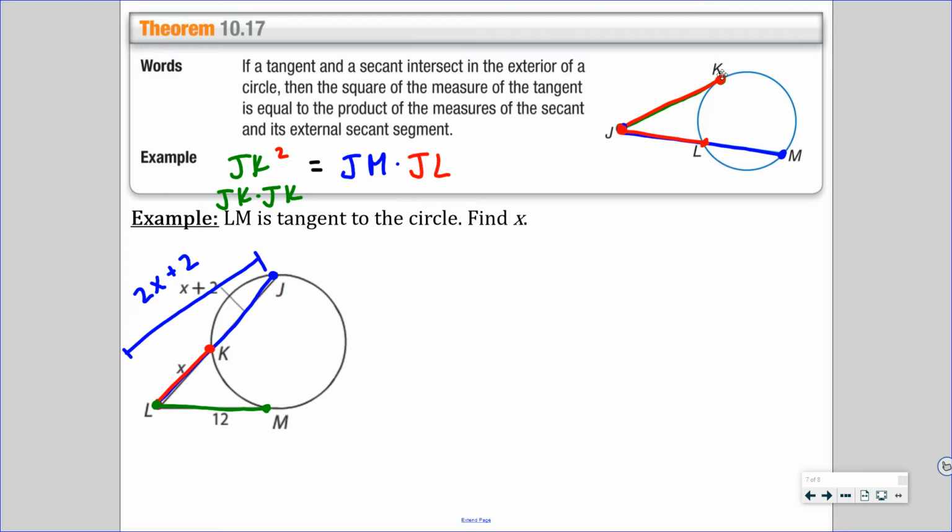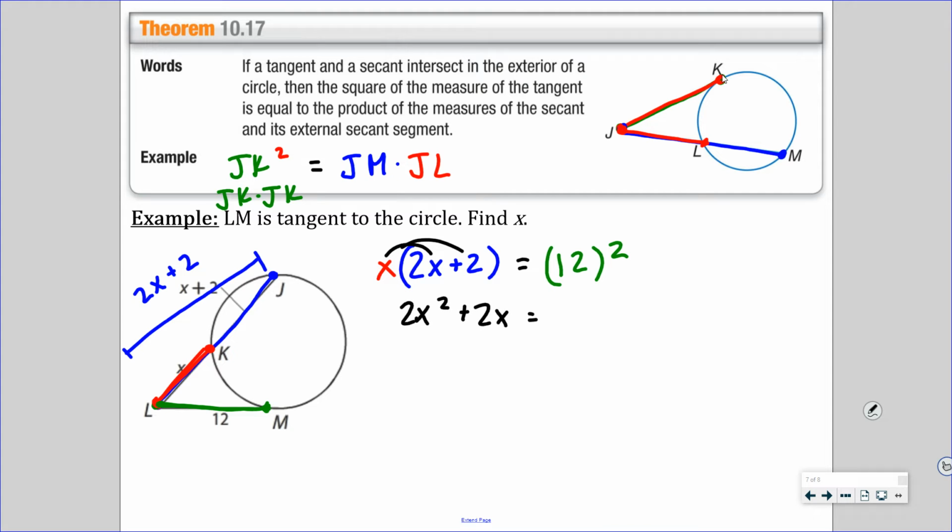It doesn't matter which side you start with because it's an equation. So the whole piece, 2x plus 2, times the external piece, which is x. I'm going to write the x in front here. It just makes it easier to distribute. I know that's the same as the length of the tangent piece, which is 12, times the external piece, which is 12, or 12 squared. However you want to do it. All right, here we go. 2x squared plus 2x. 12 squared is 144.